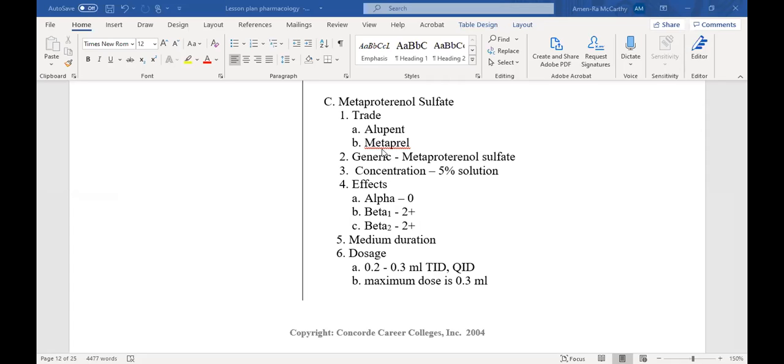So if I asked you, metoprolol sulfate, or I might say metoprolol, has beta 1 +2, beta 2 +2, and its maximum dose is what? And the answer choices were all in milligrams. You've got to pick 15, because you ought to already know that it is metoprolol sulfate and its concentration is 5%. You've got to know everything about these drugs.